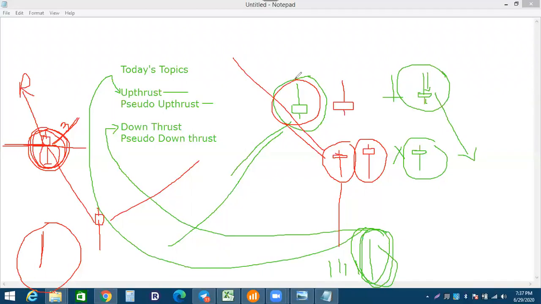The filtration of the signal is that if you are in a strong downtrend and you find the upthrust candle, it will work 90%. In the downtrend, this upthrust candle will work 90%, because in the downtrend, buyers are already weak.